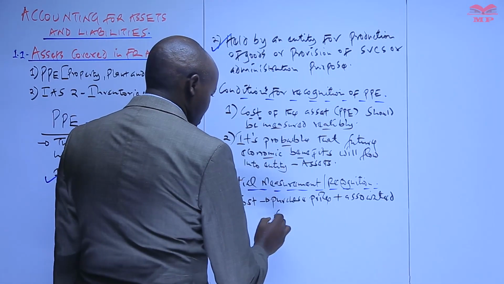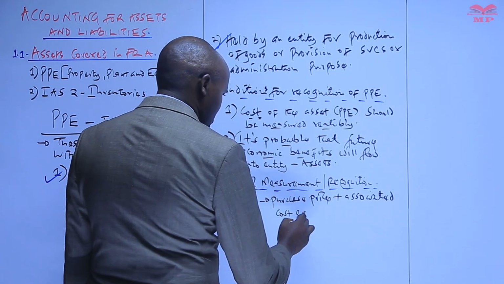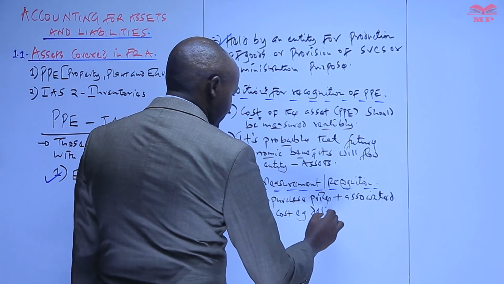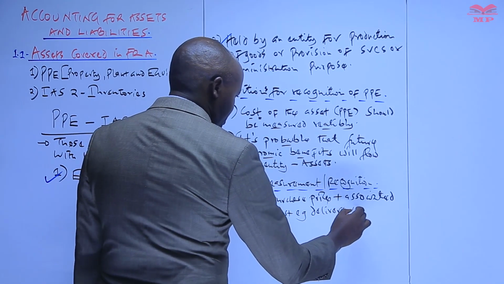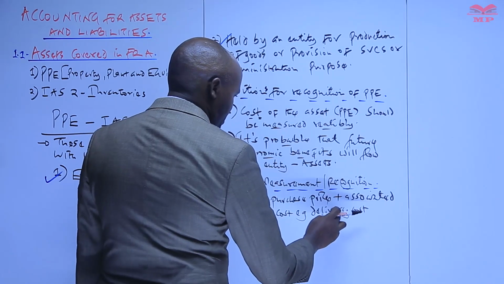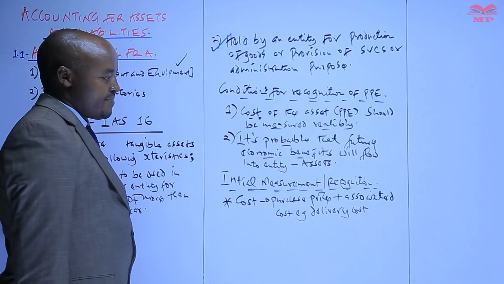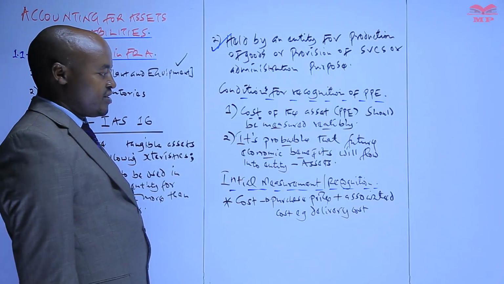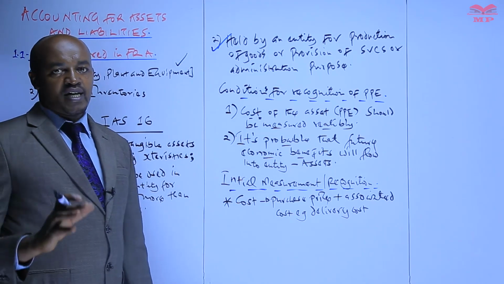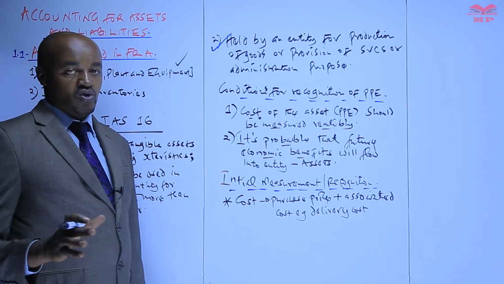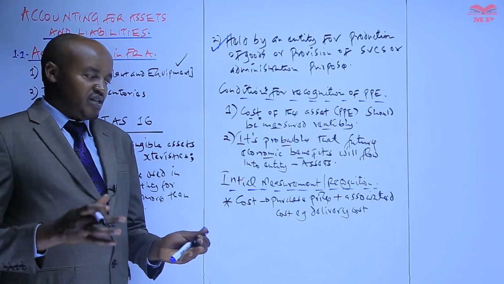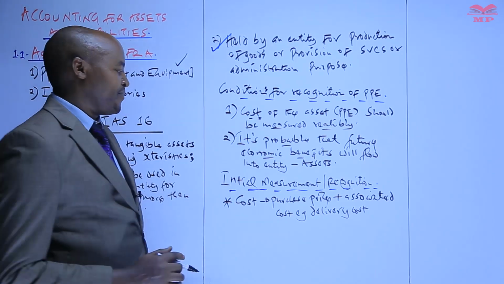Associated cost, e.g. the delivery cost. If the company, for example, incurs a cost for a machine which has to be transported from point A to point B, and the company incurs some transport cost or some delivery cost, that will also be added to the purchase price.